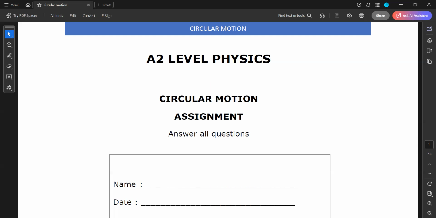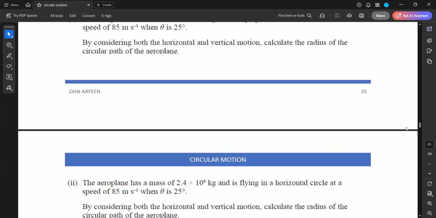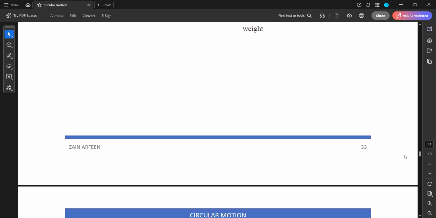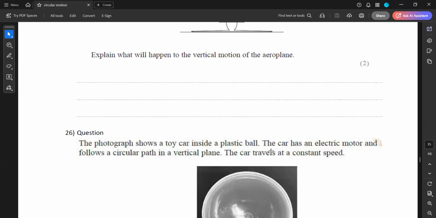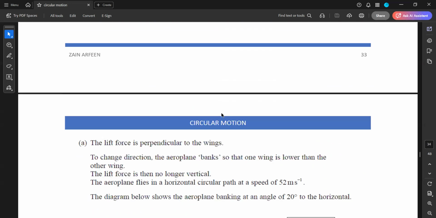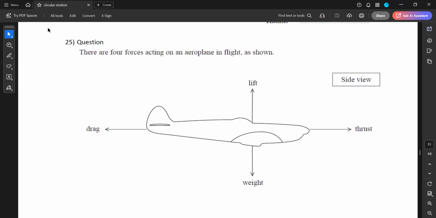Question 25. There are four forces acting on an airplane in flight, as shown; this is a side view.